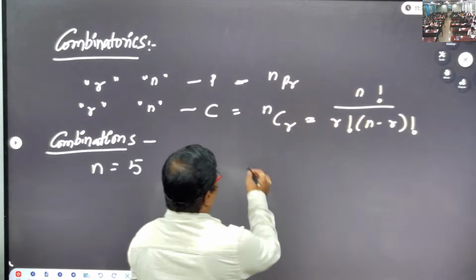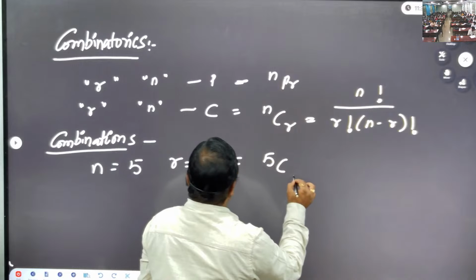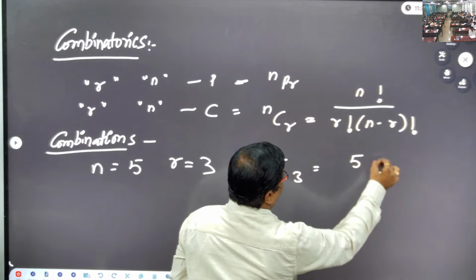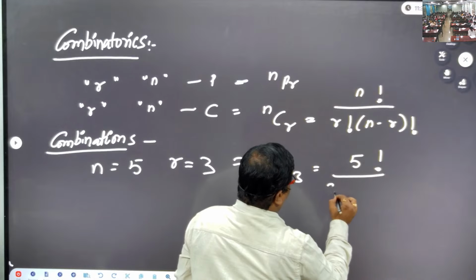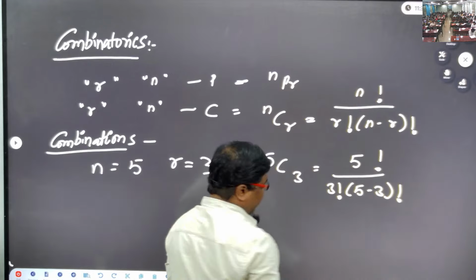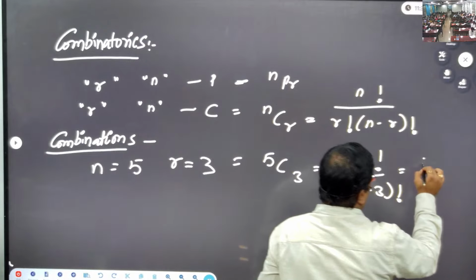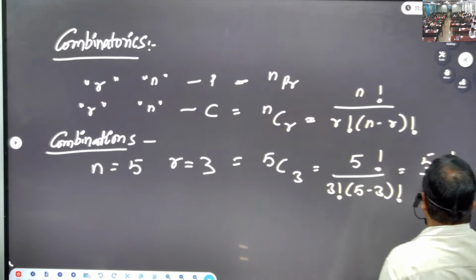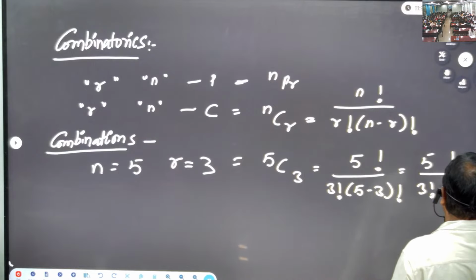Substitute the same values in the formula, that is 5C3. So 5 factorial by 3 factorial into (5 minus 3) factorial. What will it become? 5 factorial by 3 factorial into 2 factorial.